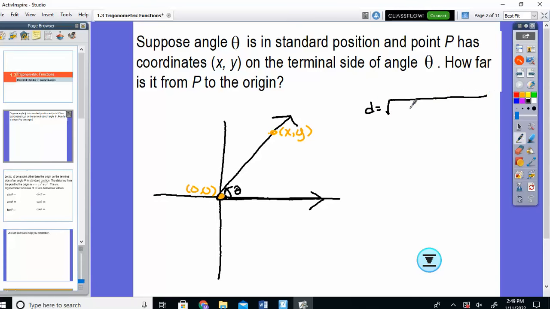The distance formula is the square root of x sub 2 minus x sub 1 squared plus y sub 2 minus y sub 1 squared. So if we plug those in, we get x minus 0 squared plus y minus 0 squared.